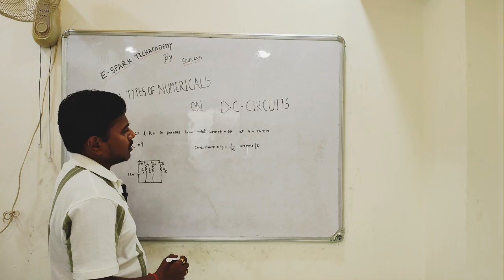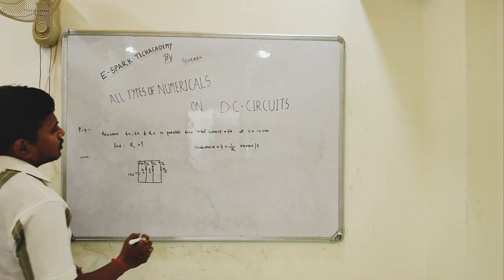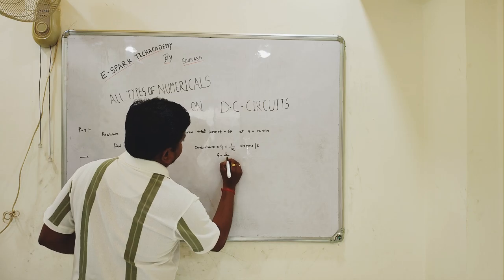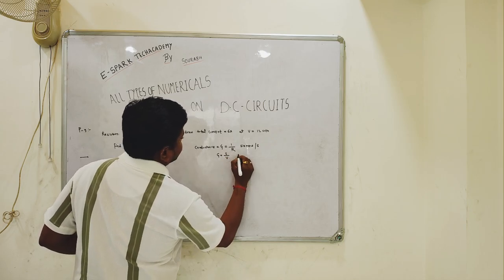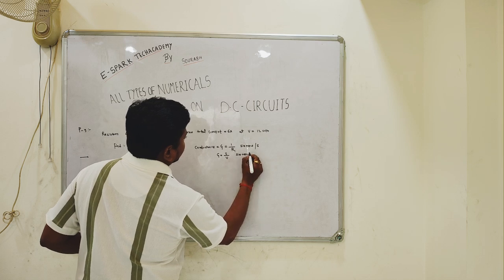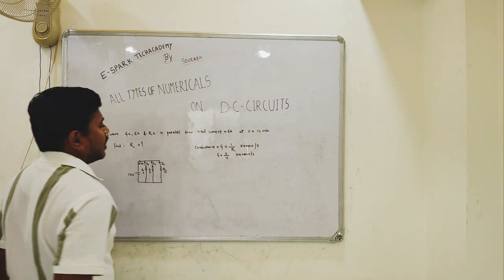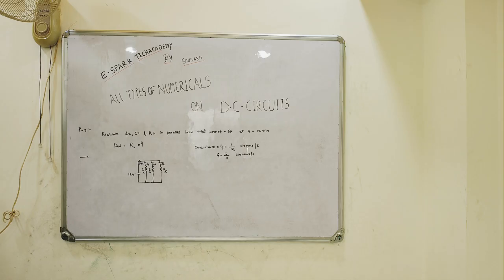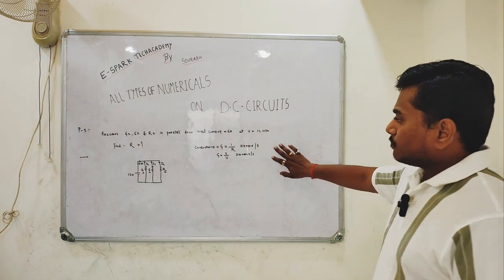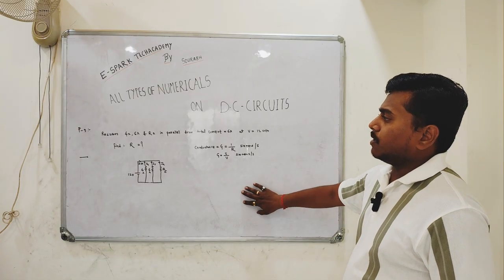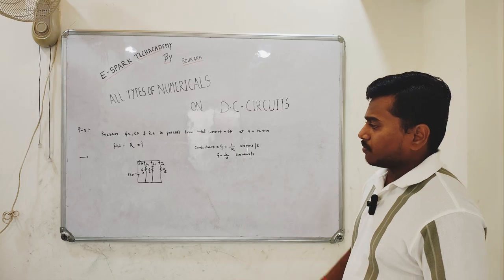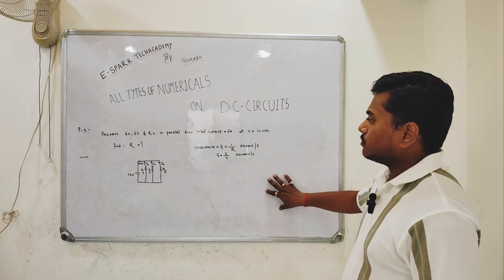Conductance is 1 by R. Now conductance will be I upon V as per Ohm's law. Why I am telling you this is because we will be using this conductance in this problem, because you will be getting the answer in a very short way when we use conductance.